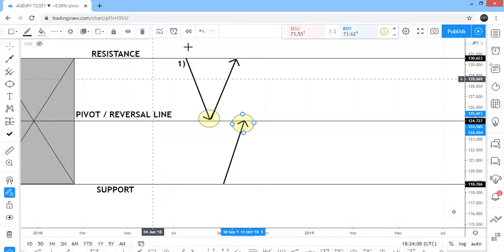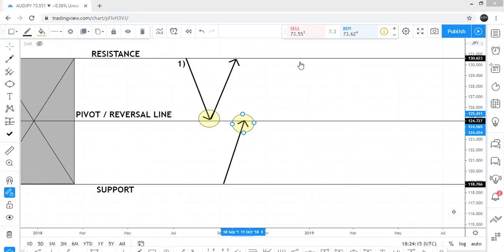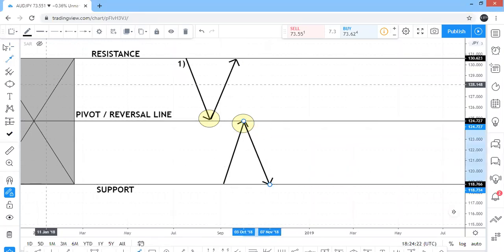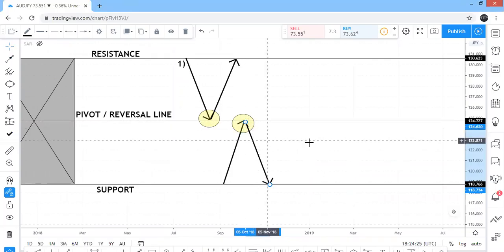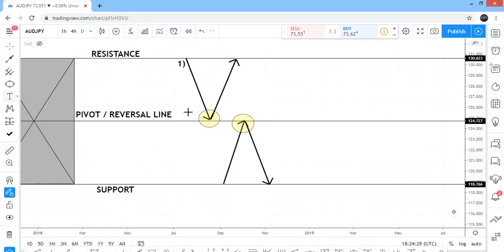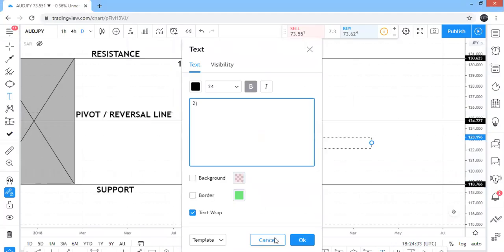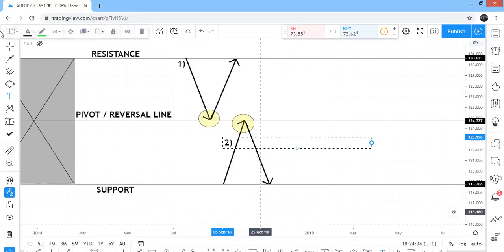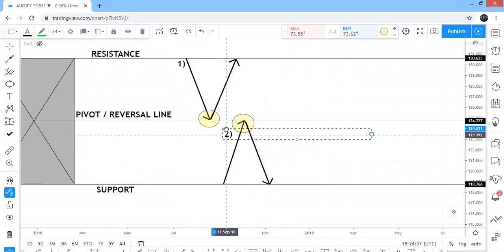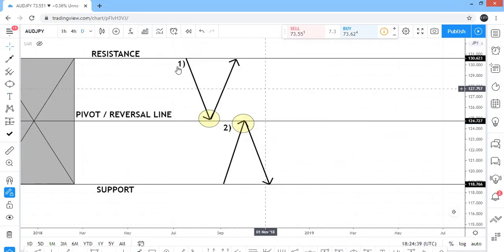What do you think is likely to happen? It will pull back, so it will go back to where it came from. So what are we saying here? If there's ever a point of rejection, price is going to head to the place where it was rejected from. So condition number two is support, pivot line, and then rejected back to the support area.